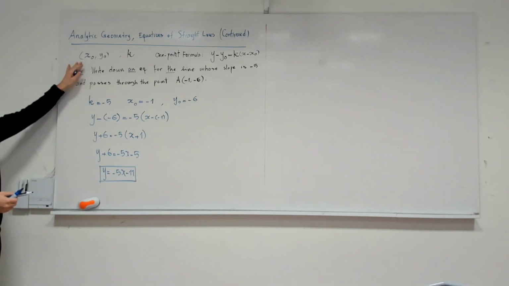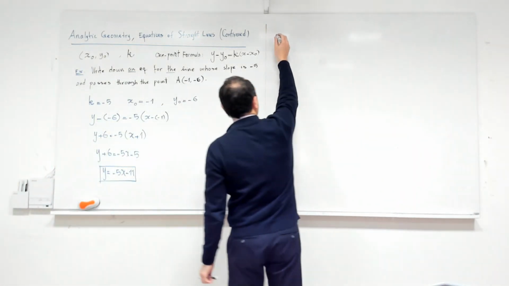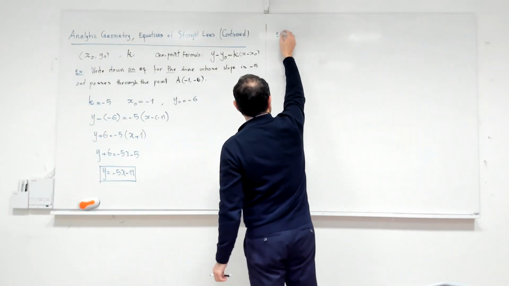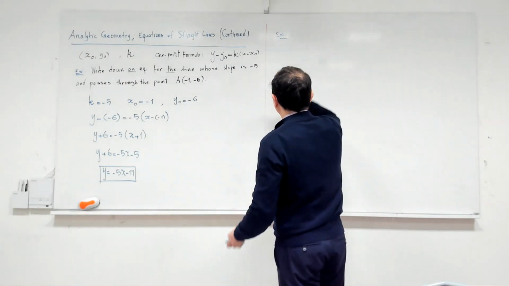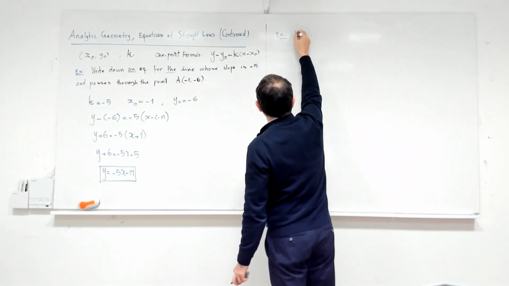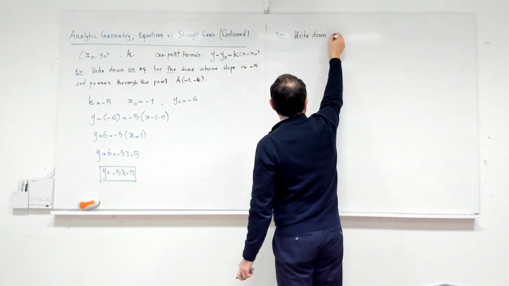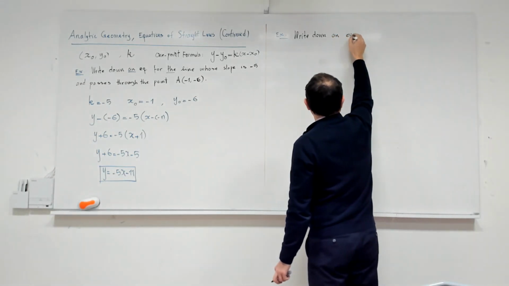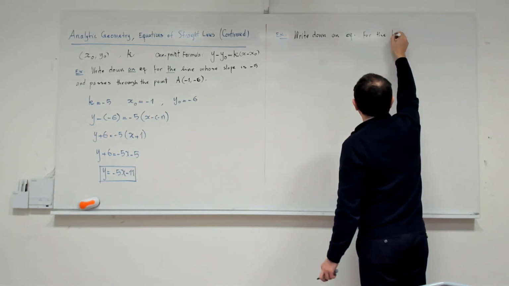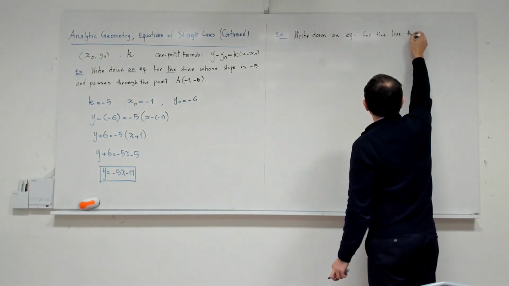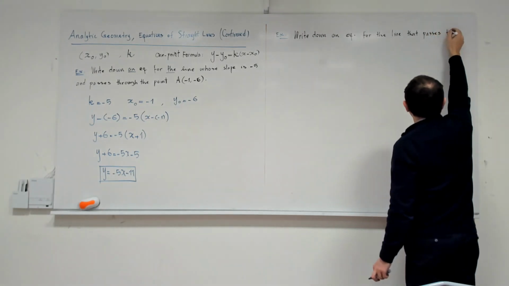We also learned something more, and I told you that it's always good to have this example in mind, but I want to give two types of these examples here. I want to ask your opinion about that. So I would say, write down an equation for the line that passes through the points.